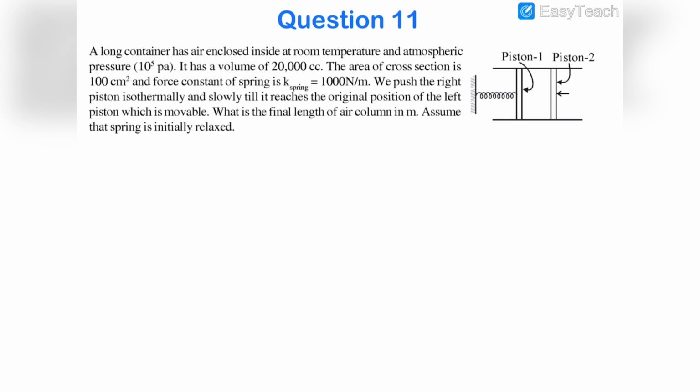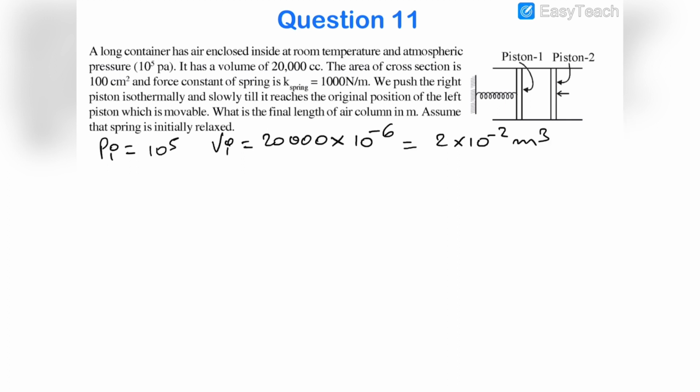So obviously we know that the initial pressure of the gas was 10 to the power 5 pascals. The initial volume of the gas is 20,000 cc, and if we convert it into standard unit, it would be 2 into 10 raised to power minus 2 meter cube.